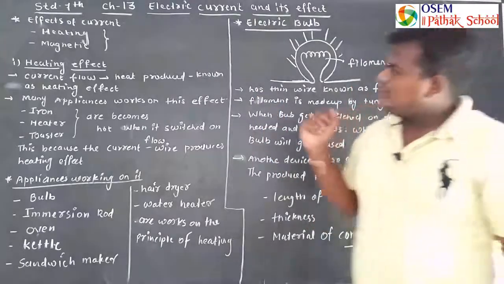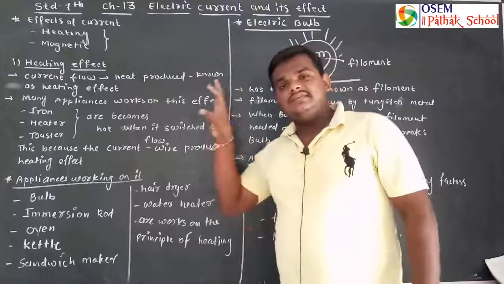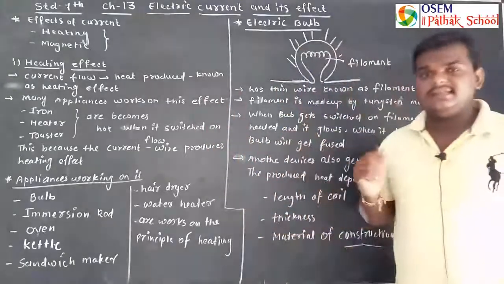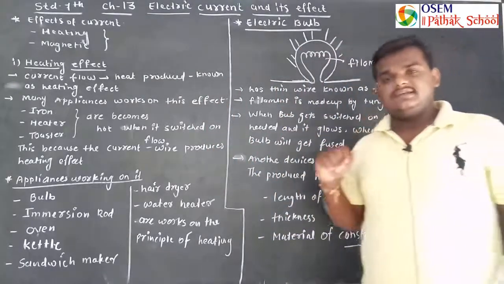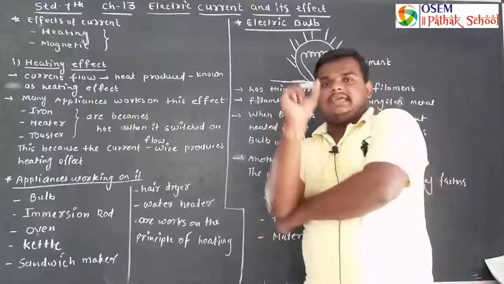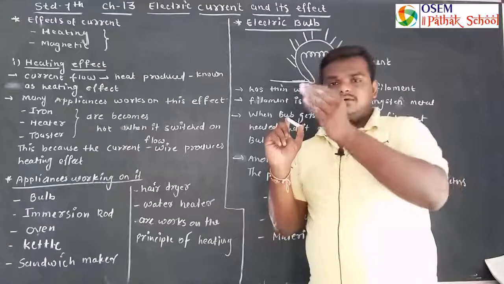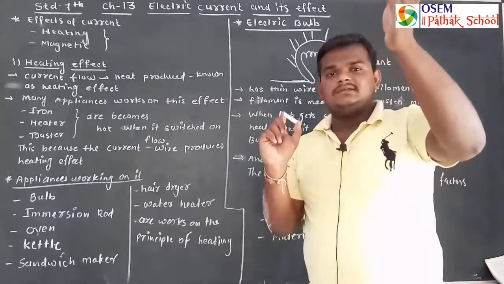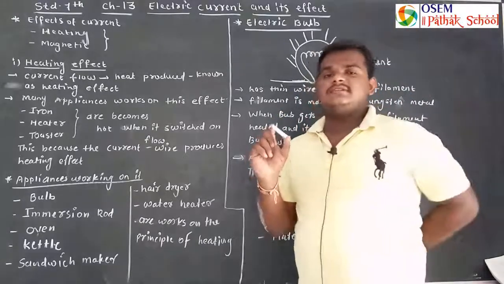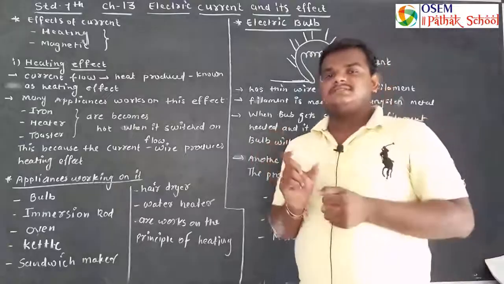So in this particular lecture we deal with the heating effect. What is the magnetic effect of electric current? A conductor which is carrying electric current, when you bring a magnetic material near this conductor, it attracts.